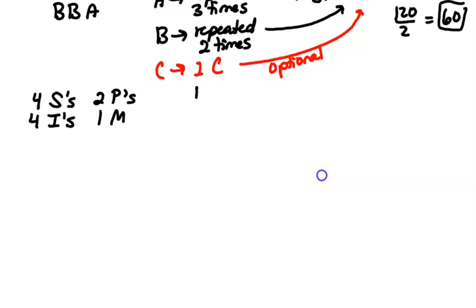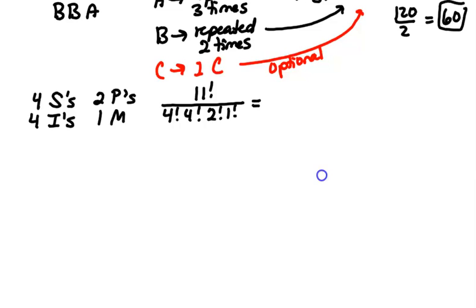So I'm going to put 11 factorial in the numerator. I'm going to divide by 4 factorial for the S's, 4 factorial for the I's, and 2 factorial for the P's. I could also do 1 factorial for the M if I want to. Okay, I'll go ahead and put it in there, but it won't make a difference when I divide.